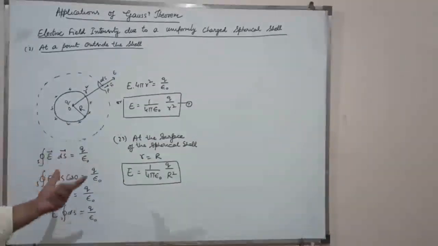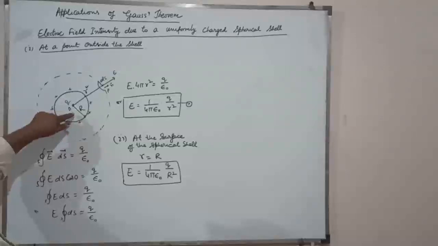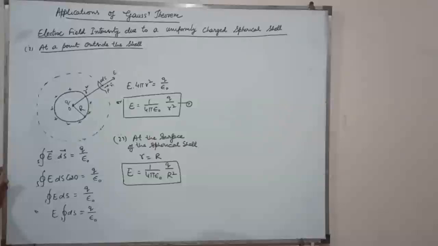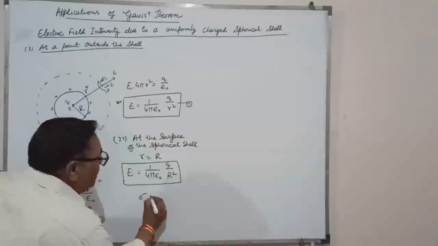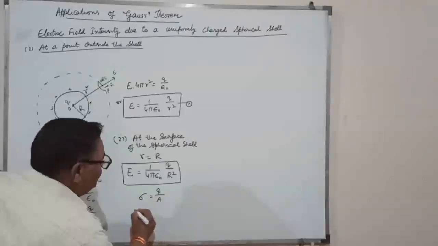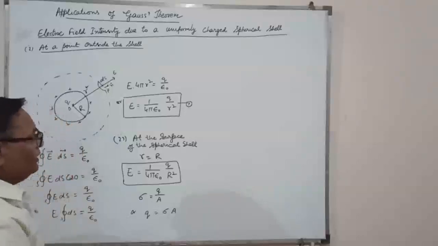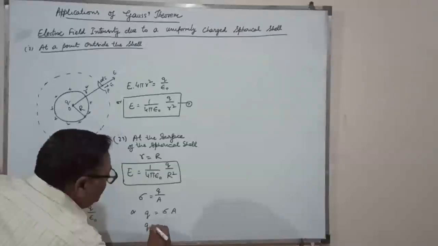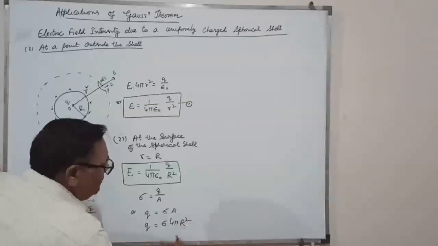And this expression can also be written as follows. If Q charge is given to the spherical shell of radius R, then the surface charge density of the spherical shell, surface charge density meaning sigma, is equal to Q upon A, or Q is equal to sigma into A, where A is the surface area of the shell, so Q is equal to sigma into 4 pi R square.